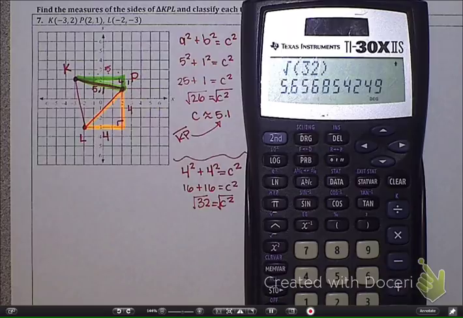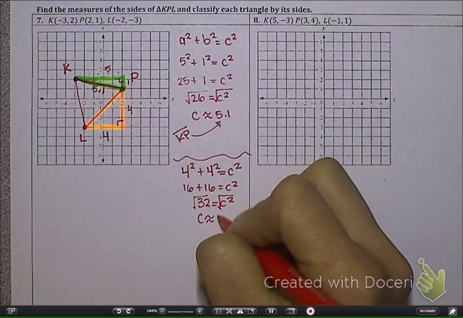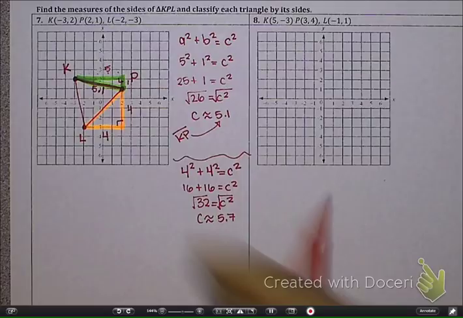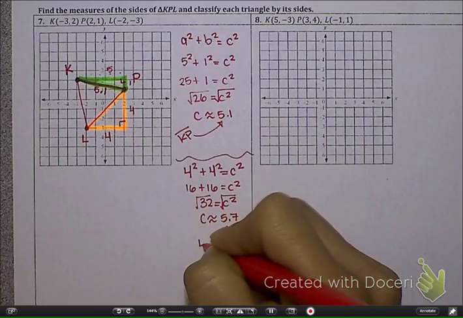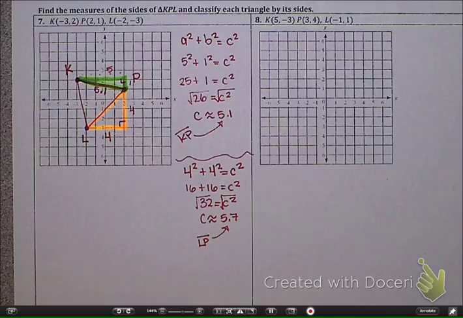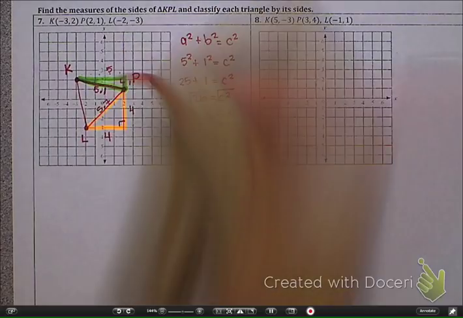Okay, and I get about 5.7. And so this one was LP, right? This length here was segment LP, so this length here is 5.7.